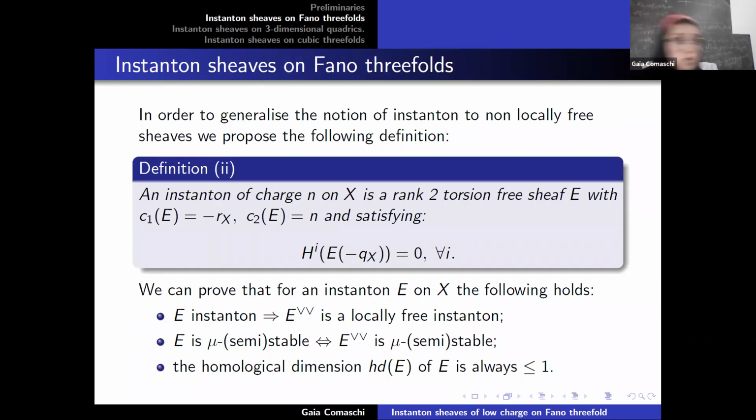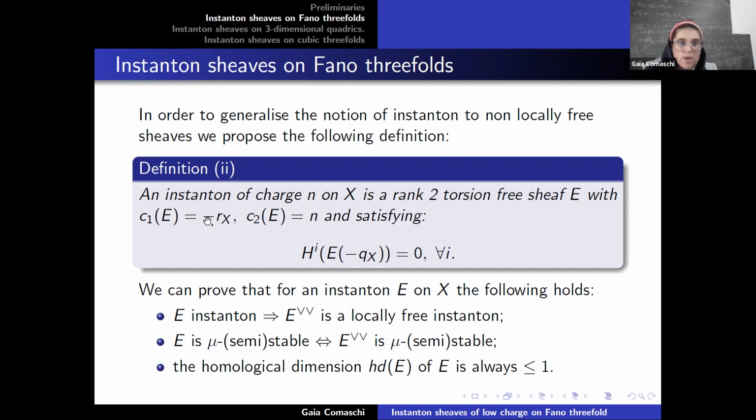So also in this case, we aim to generalize the notion of instanton to non-locally free sheaves. And to do so, we propose the following definition. So we say that on X, an instanton of charge n is a rank 2 torsion-free sheaf with first Chern class equal to -r_X.